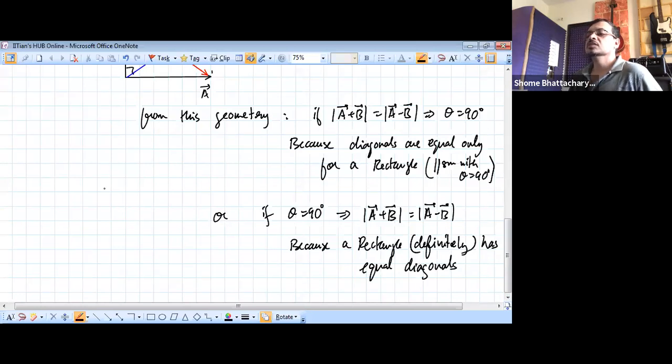So this relationship, that mod A plus B is equal to mod A minus B and theta equal to 90 degrees, is a unique relationship.